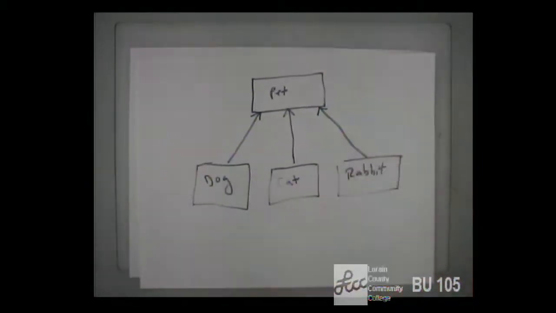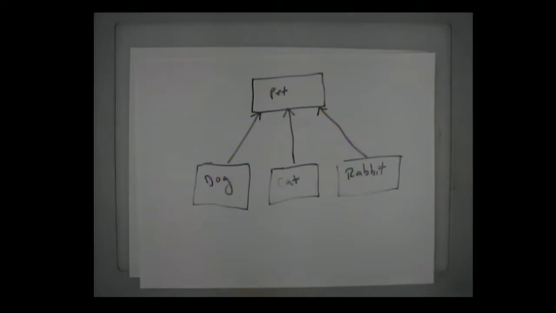I could create classes that look like that, where pet's a superclass, dog, cat, and rabbit are subclasses. Okay? Now, does that sound valid? Yes, that does, because a dog is a pet. A cat is a pet. A rabbit is a pet. A dog is a kind of pet. A cat is a kind of pet. A rabbit is a kind of pet.